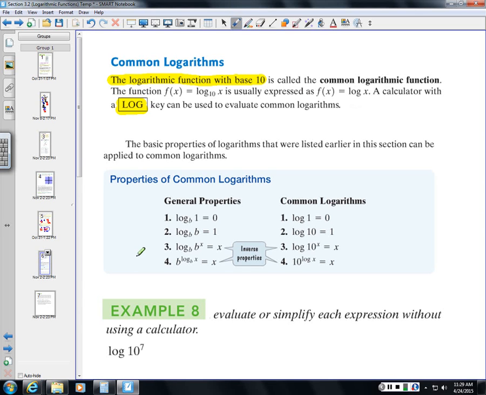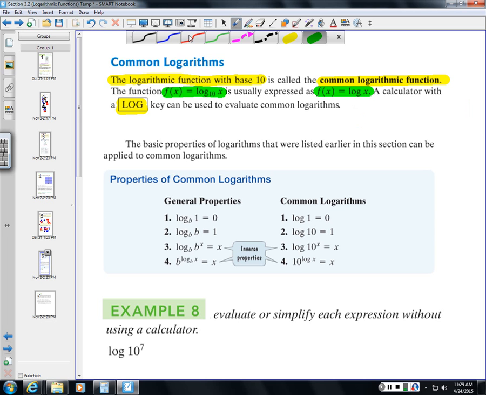And this log has a special name, and it's called the common log. If you have log base 10, we can also write that without the base, and we can write that as just log x.